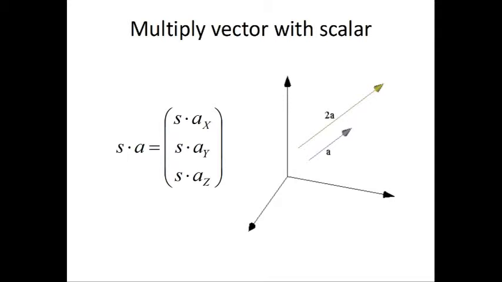So it will be longer if the scalar is bigger than 1, but if the scalar is between 0 and 1, or between -1 and 1, we'll have a shorter vector, but the direction will be the same, unless the scalar is a negative number, then the direction will be exactly opposite, but it'll still be in the same line, parallel with the original vector. So in every case, the resulting vector will be parallel with the original vector.